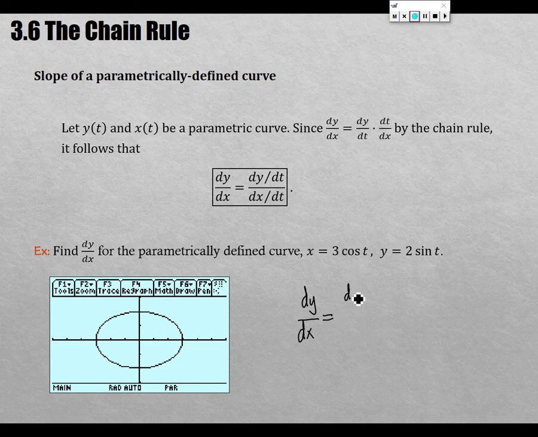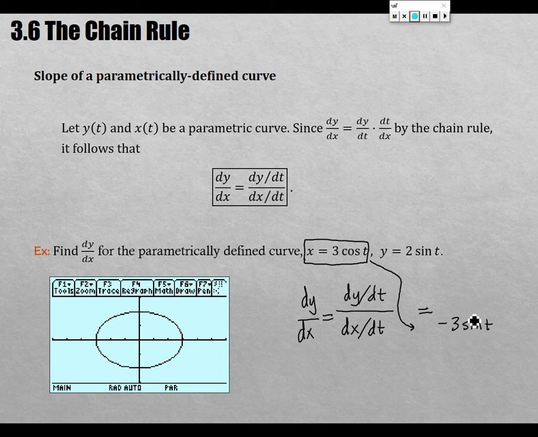This is dy dt. I just want you to take a derivative of each of these, and dx dt, just with respect to t. What is the derivative of this with respect to t? Negative 3 sine t. Then what's the derivative of this with respect to t? 2 cosine t.